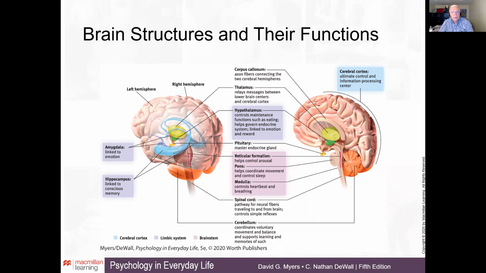Another structure that's mentioned in this picture is the corpus callosum. As you can see it here, the corpus callosum helps the two halves of the brain, the two hemispheres of the brain, to communicate with one another. We'll be returning to the corpus callosum a little later.